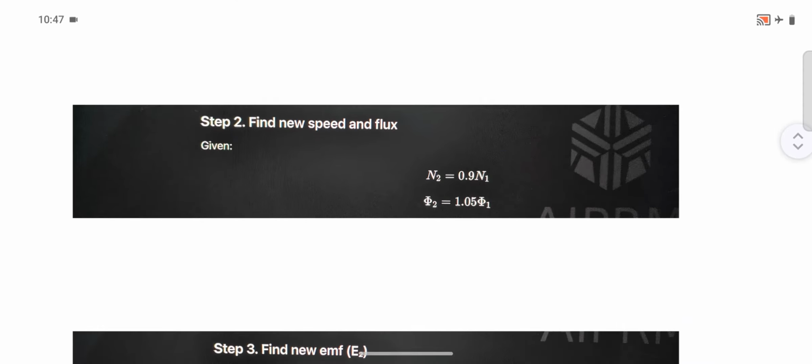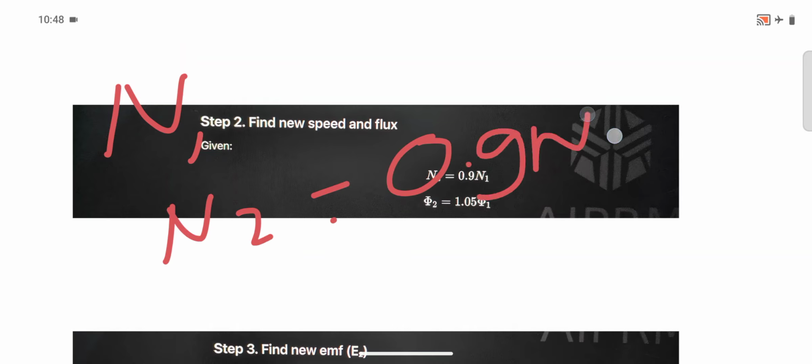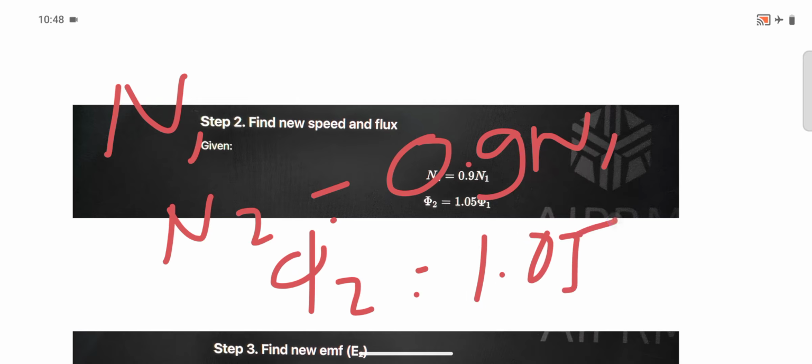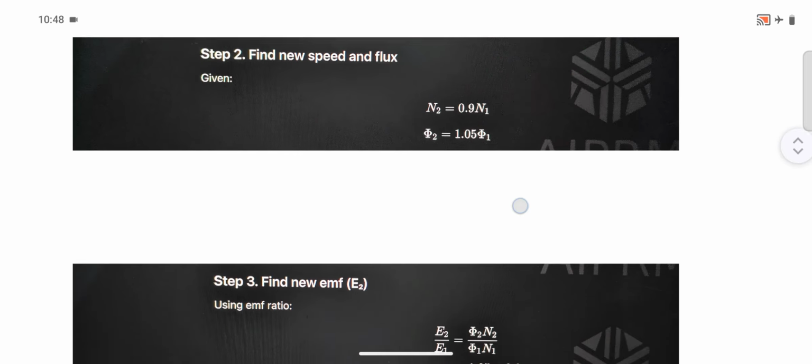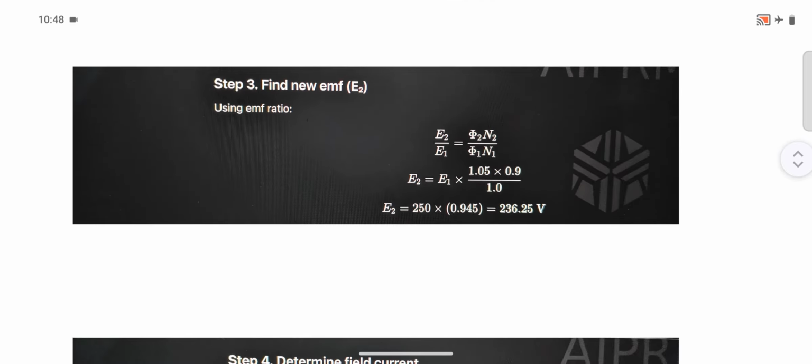Now two things are given. Let us assume first speed is N1. Now it reduced by 10%, then N2 becomes 0.9 N1, and similarly for flux it will become 1.05 phi 1. We will use these in the formula we found above.